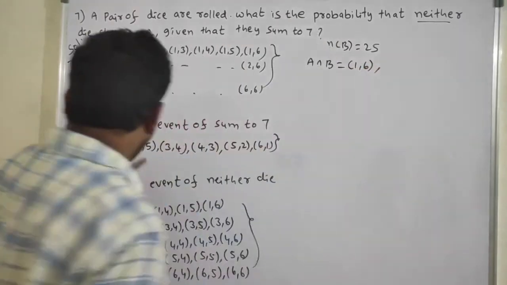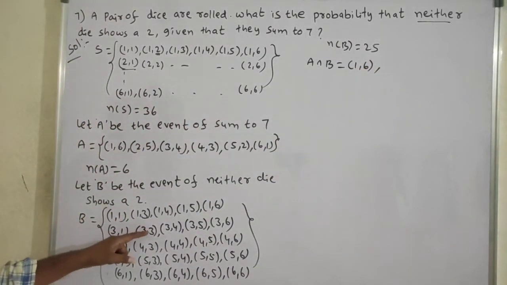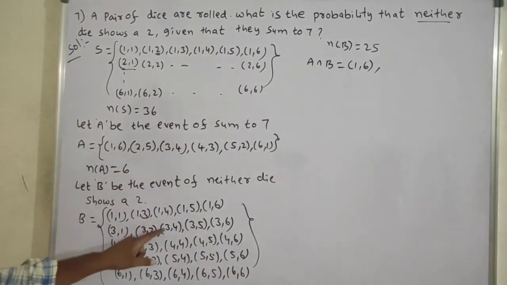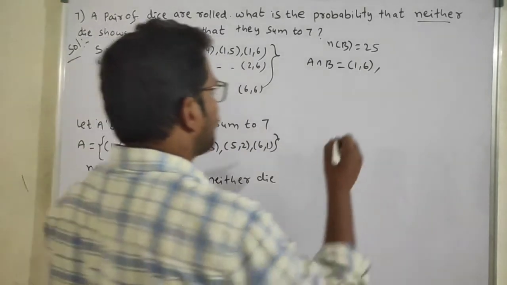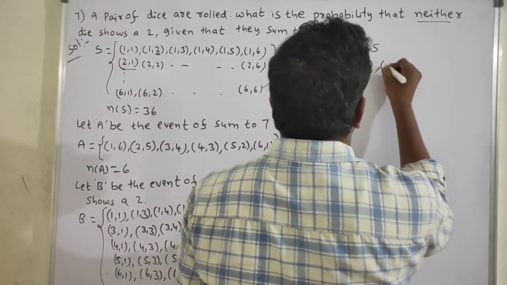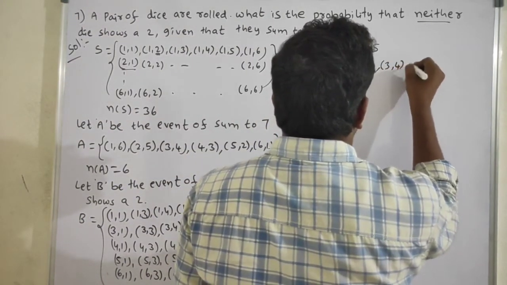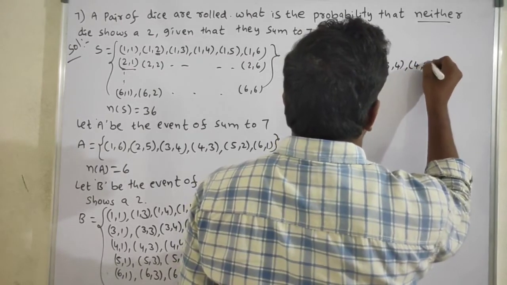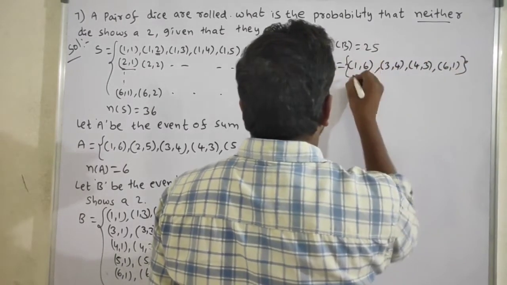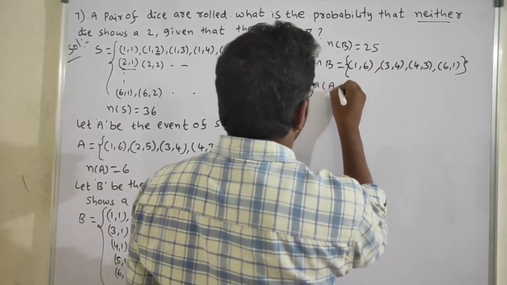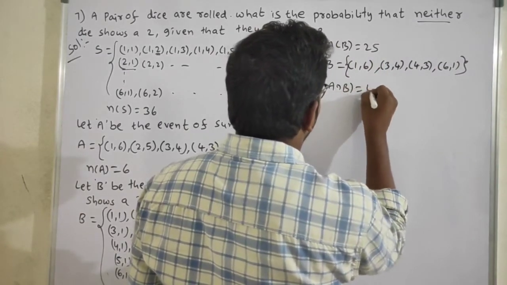Next to 2 5, we don't have 2 5 here. Next 3 4, we have 3 4 here, and 4 3, and 6 1. So we have 4 common elements: 3 4, 4 3, 6 1 and 1 6. So N of A intersection B is equal to 4.